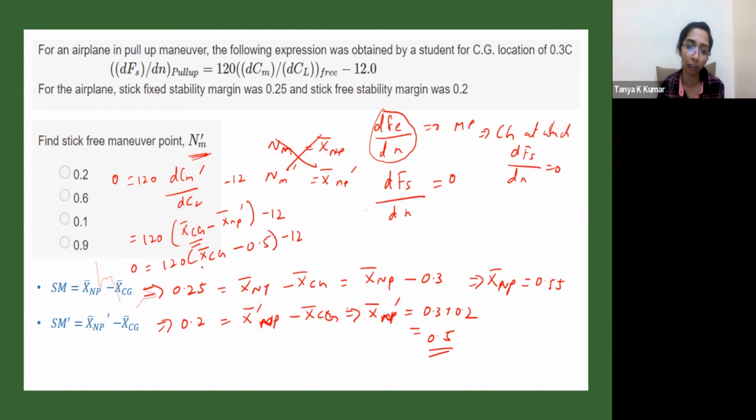Can somebody calculate the value of x bar CG from this equation? 12 divided by 120 plus 0.5, right? 0.6. So here you get x bar CG as 0.6. So the x bar CG at which your dfs by dn is 0 is nothing but your x bar maneuver point. Okay, 0.6 is the answer. Is this clear?